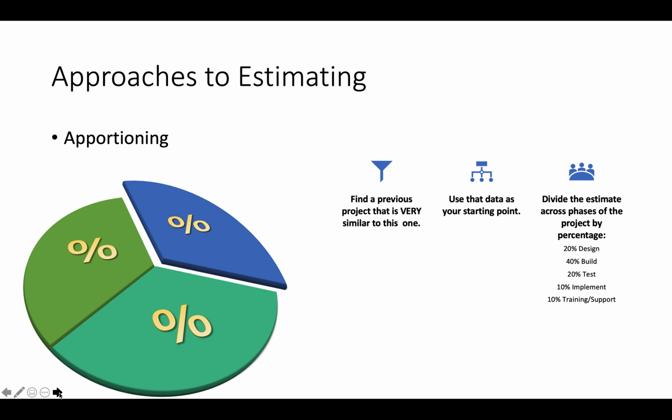So we go back and we find that project and we say, oh yeah, it took us 20% of the time and money to do design and it took us 40% to do build. And so we're creating an estimate more across the top, but it can still be very effective. So that is apportioning: taking the previous number, looking where the time and money was spent, and dividing it up, or apportioning it, in that way.